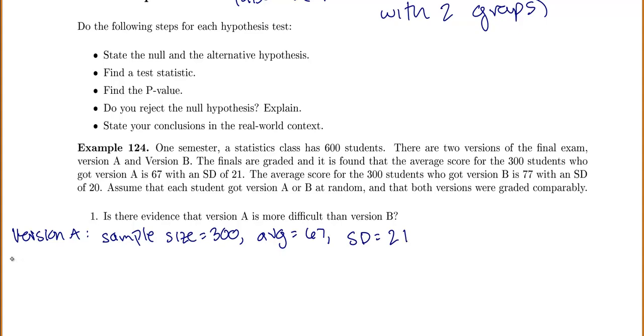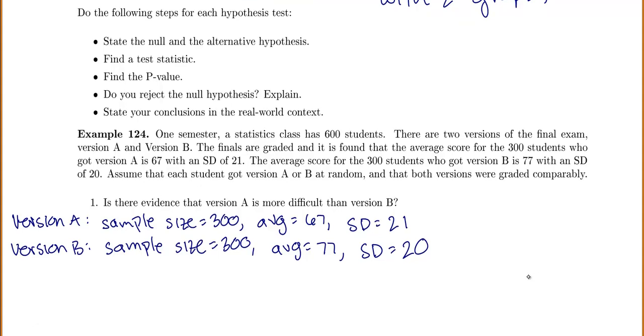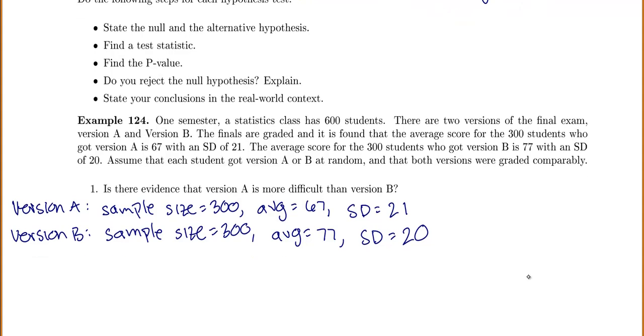Now for version B, we again have a sample size of 300. My average equals 77, and my standard deviation equals 20. Once again, this is what I do on all of my tests. I write down the information they give me first, then our next step has always been to look at the null and alternative hypotheses. Although first, we should check if we can do the test.